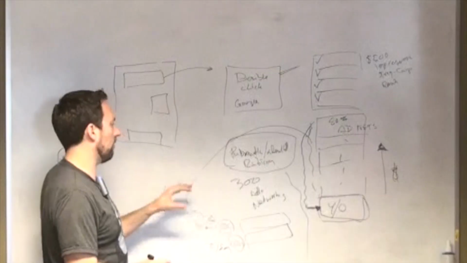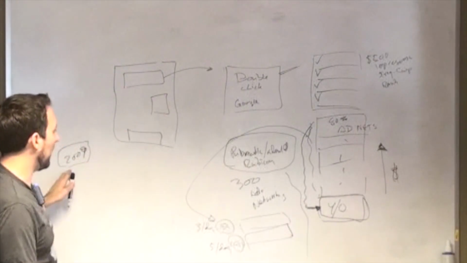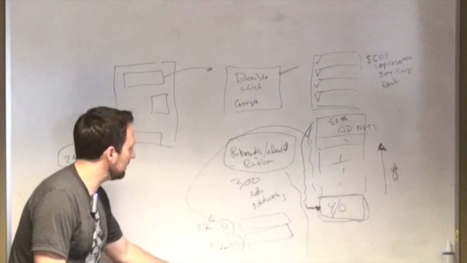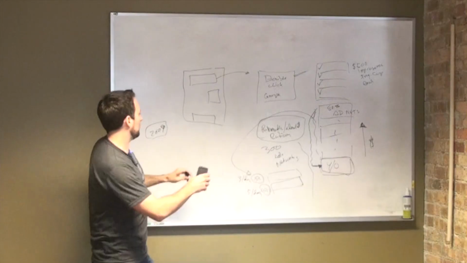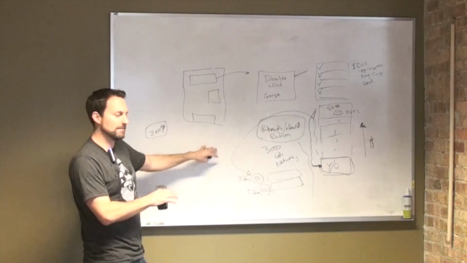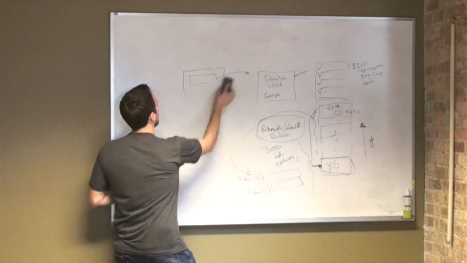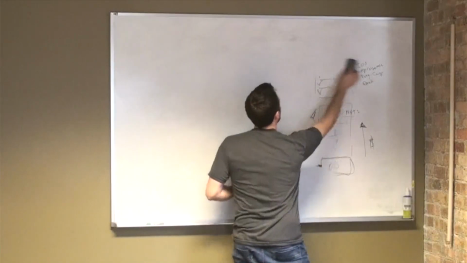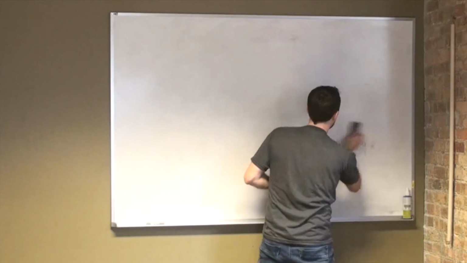We'll get to how that works in a minute. So these guys started evolving, and I'm going to erase this. Everybody kind of got the lay of the land here? Okay. So 2009 happened. A very good year.